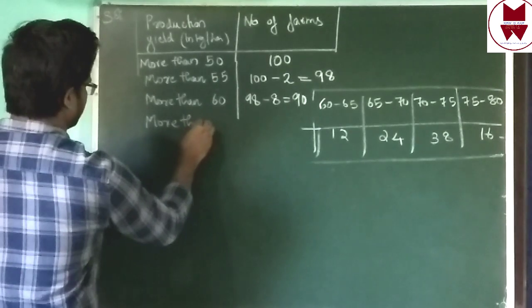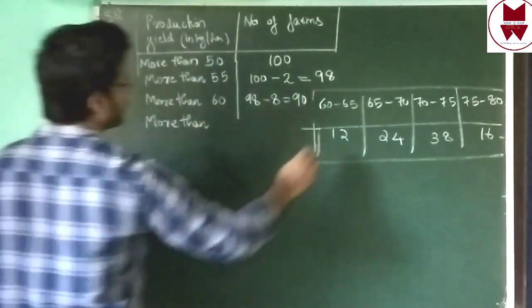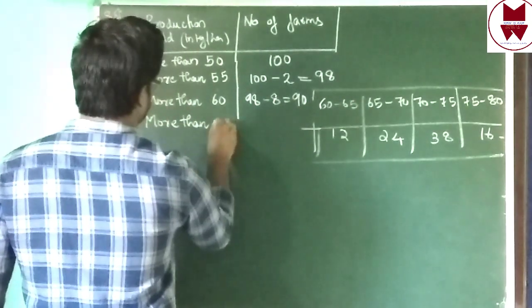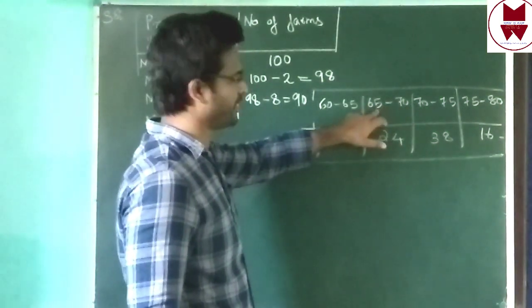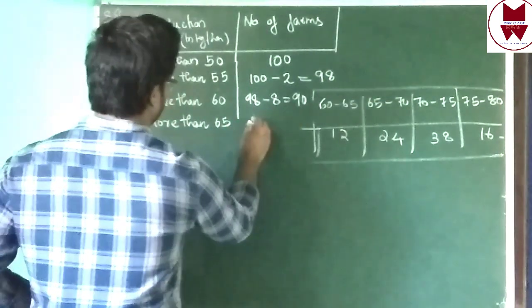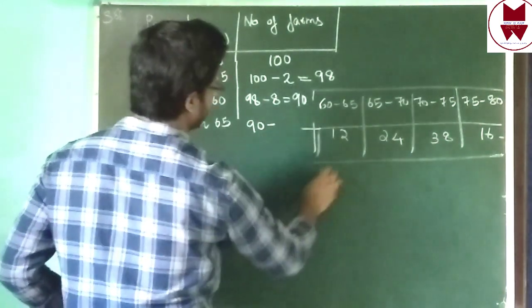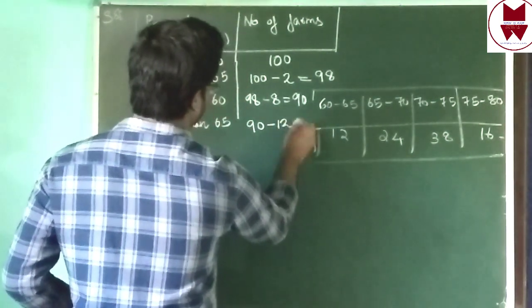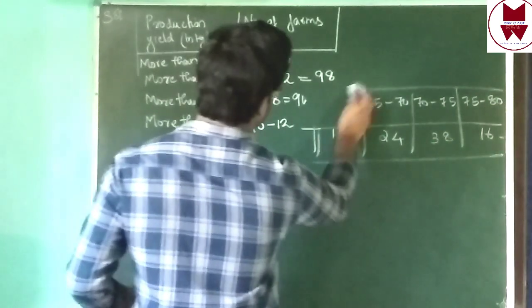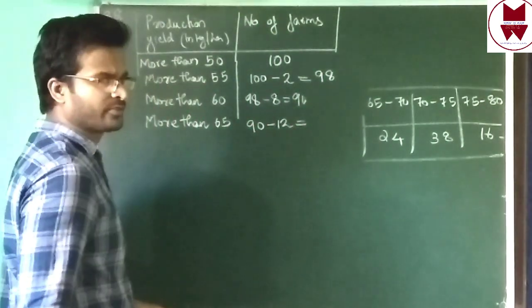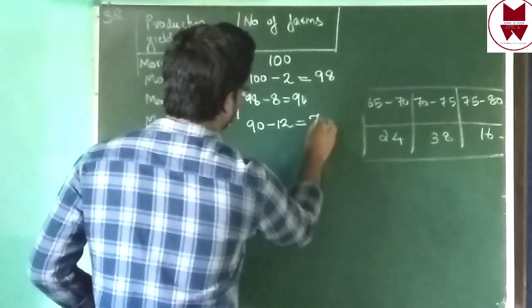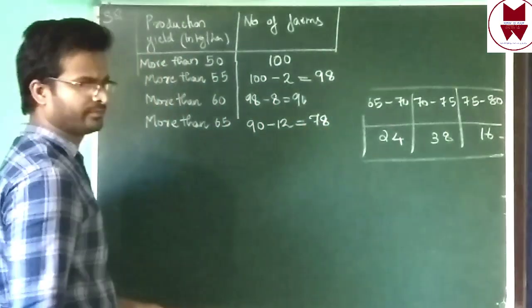The next, more than 65. The next interval is 65 to 70. The lower limit is 65. Then 90 minus this term, 90 minus 12. How much? 78, isn't it?